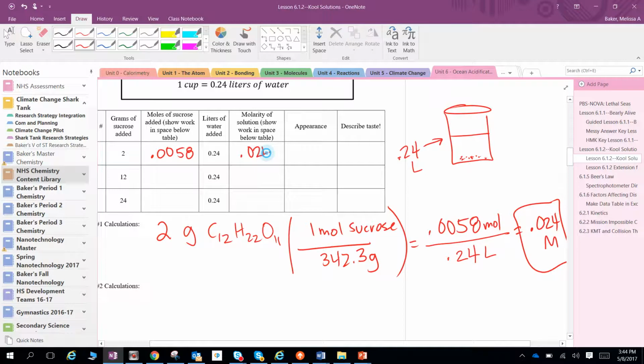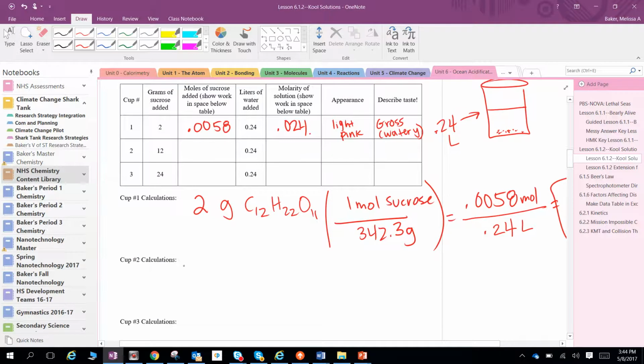So 0.024. The appearance of this was very light pink or light blue, depending on the Kool-Aid solution you were drinking, and the taste was gross, very watery, at least to me.